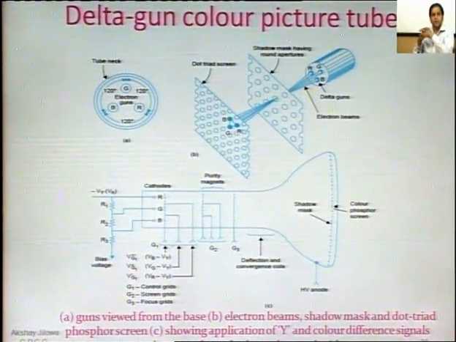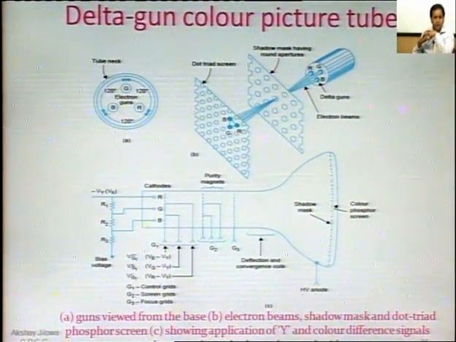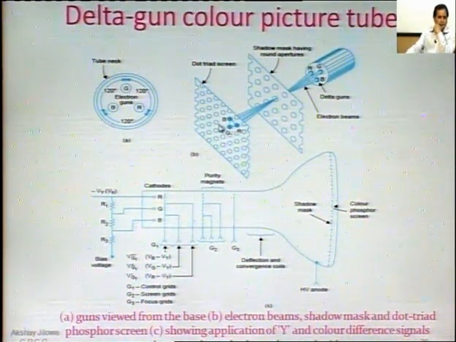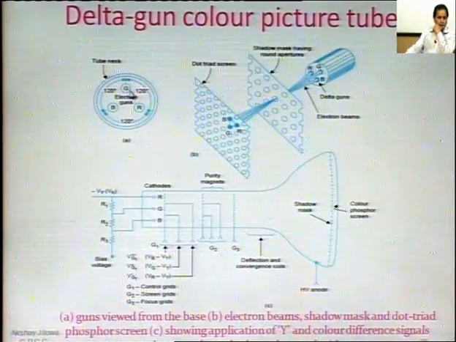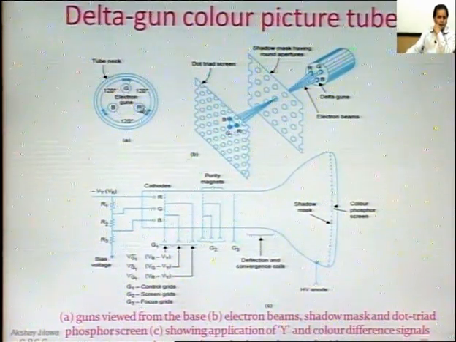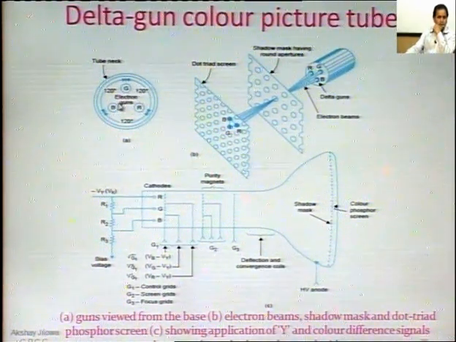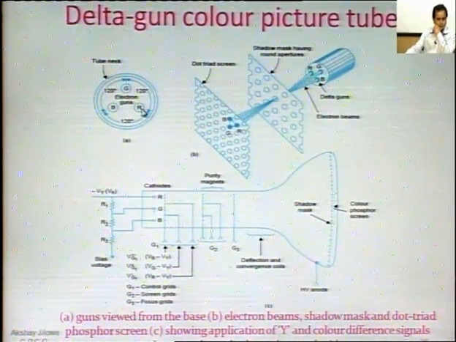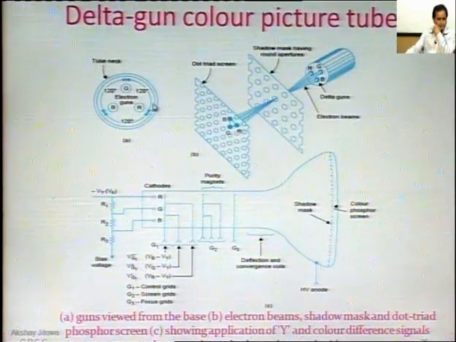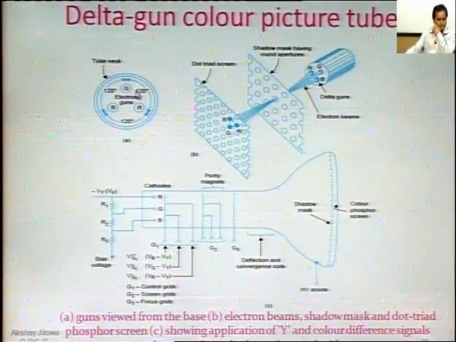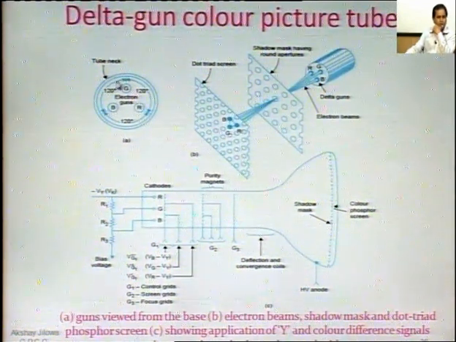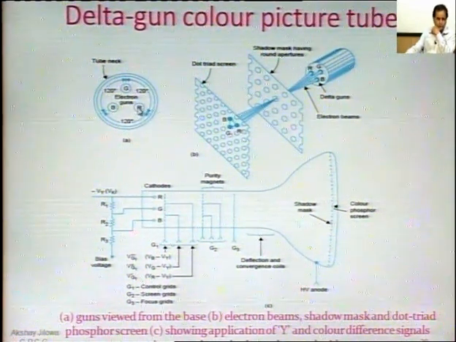This is the first one, the delta gun tube. As the name suggests, here the phosphors for green, blue and red are placed at the corners of a triangle, at 120 degrees from each other.